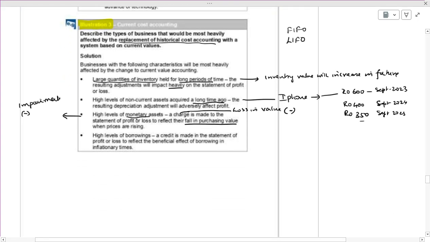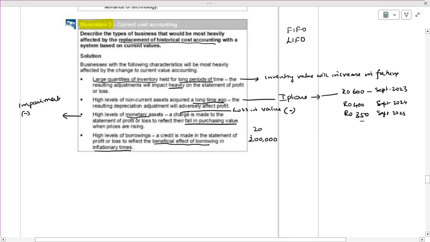High level of borrowings. A credit is made in the statement of profit and loss account to reflect the beneficial effect of borrowing in inflationary times. You have borrowed last year. Okay, last year you borrowed 200,000.